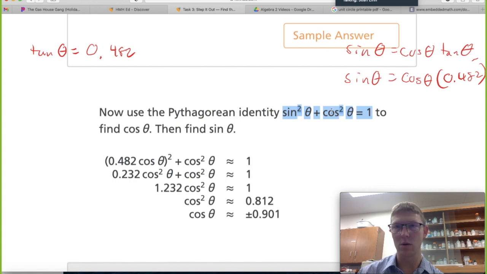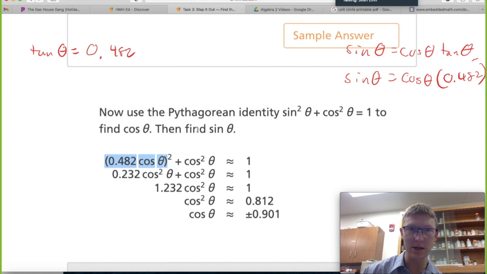So now we can plug in sine theta and express that in terms of cosine theta, and then we will have one variable with a number, and we can solve for that. So that's what they did. They plugged in our sine theta, which we found was 0.482 times cosine theta. So then that's squared.